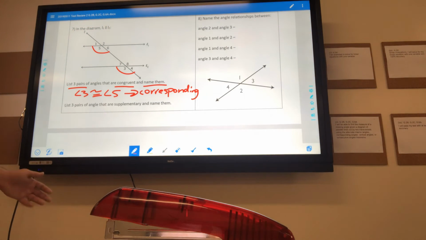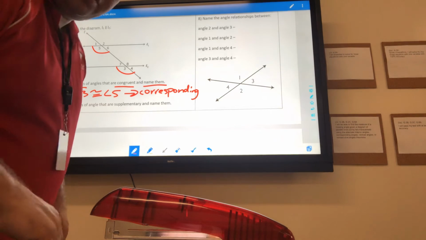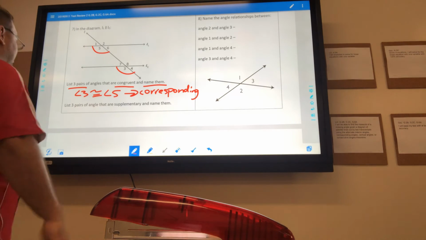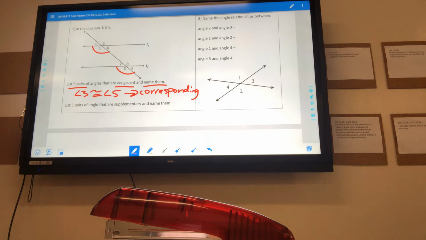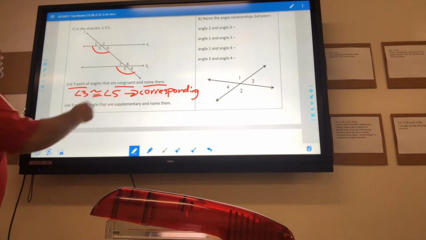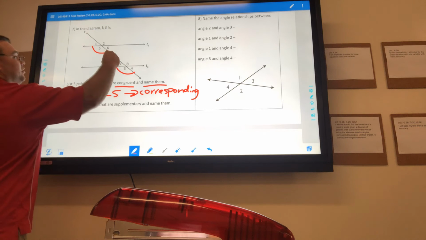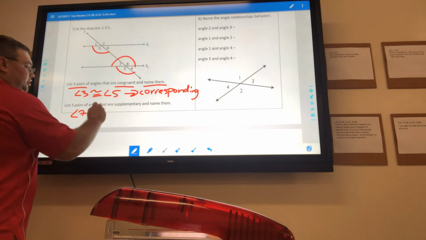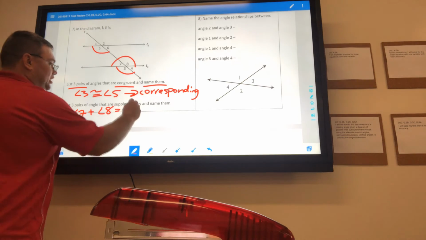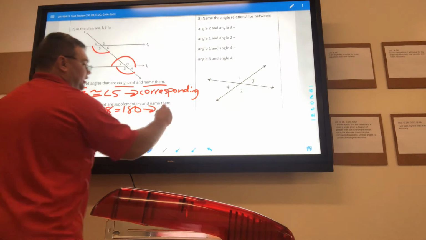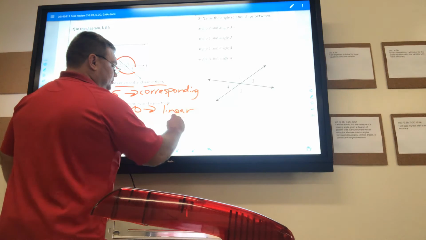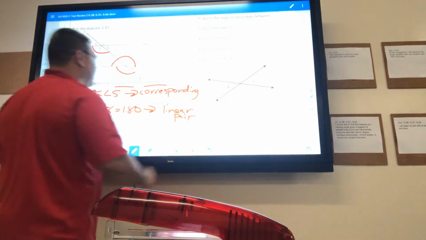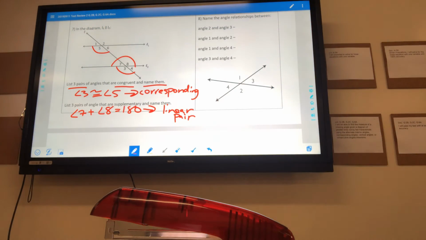Now you're going to list 3 pairs of angles that are supplementary. That's one pair. Here's another pair: 7 and 8, really easy. Angle 7 plus angle 8 has to equal 180, and those are called a linear pair. Name 3 pairs; I gave you 1 pair.